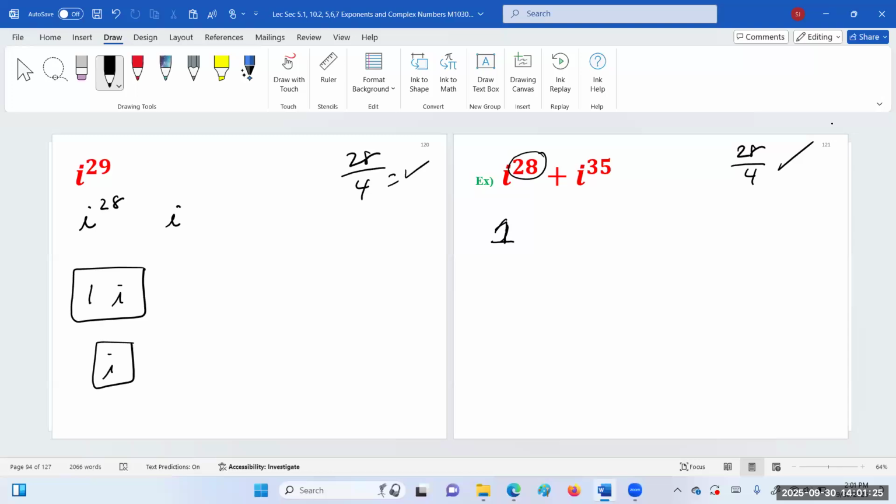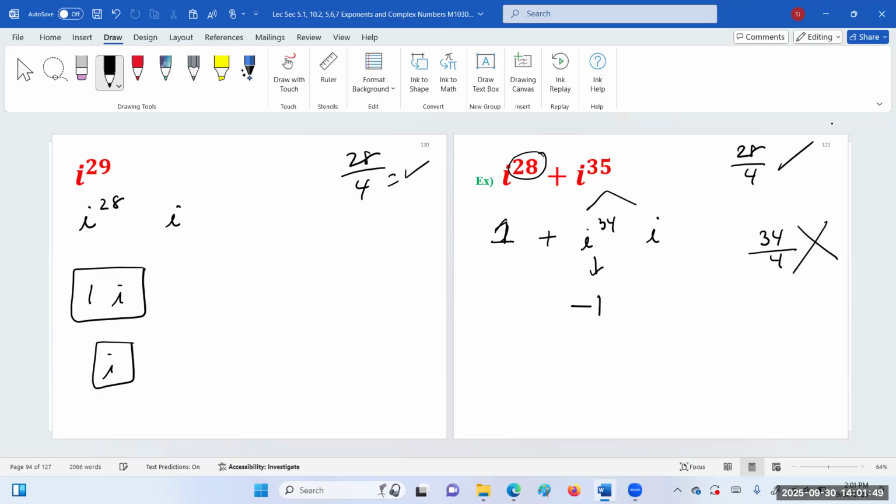It's divisible by 4. 29 is not. It's odd. Split. So we are going to do the splitting here. 34. So i to the 34 and i. And now can you divide 34 by 4? No.